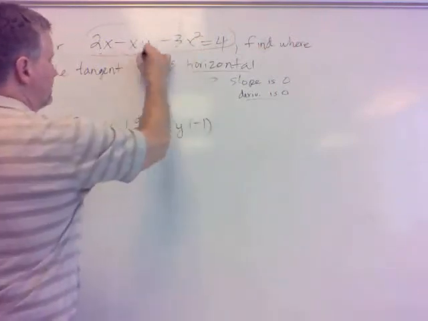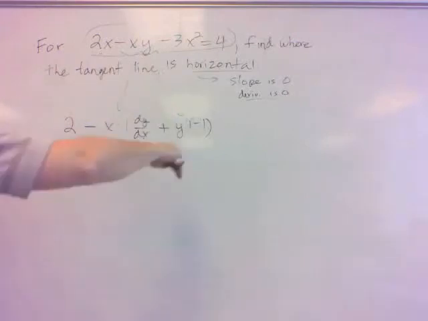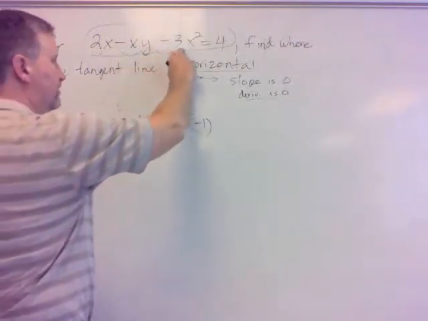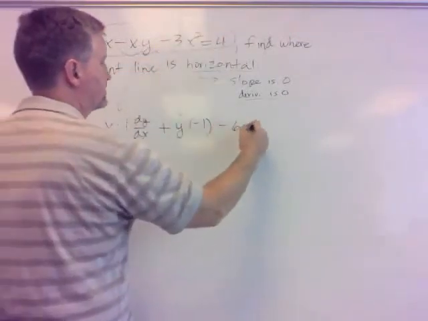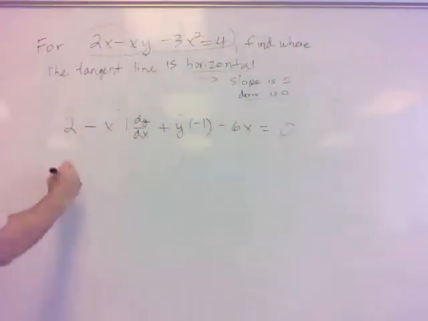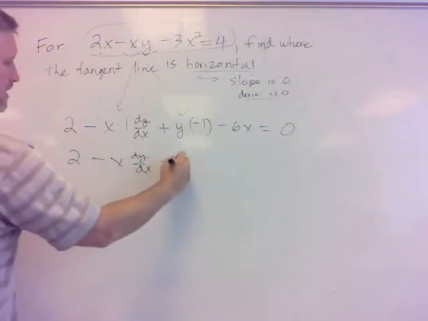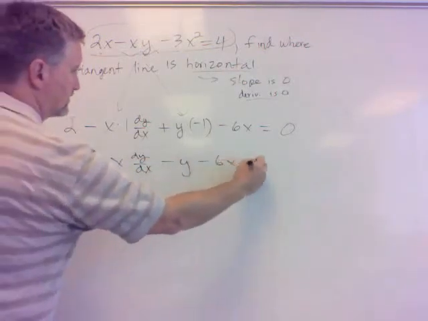Those two would be the derivative of that one. All right, then the third one here, the derivative of that's just minus 6x. Derivative of the right side would just be 0, so I wind up with 2 minus x dy dx minus y minus 6x equals 0.